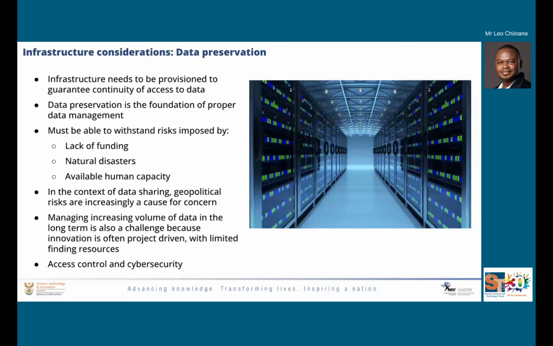If you cannot guarantee data preservation, everything else becomes almost irrelevant. So infrastructure needs to be provisioned to guarantee continuity of access. In our context, we've even looked at what happens to our data should our organization no longer exist at some point in future. So strategic partnerships come into play with regards to that.